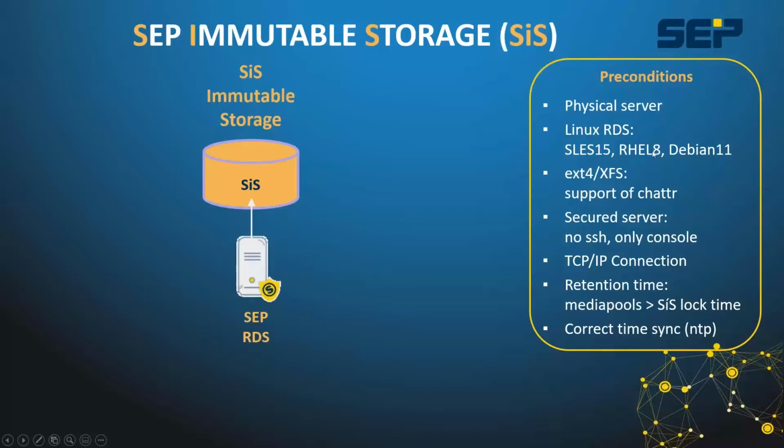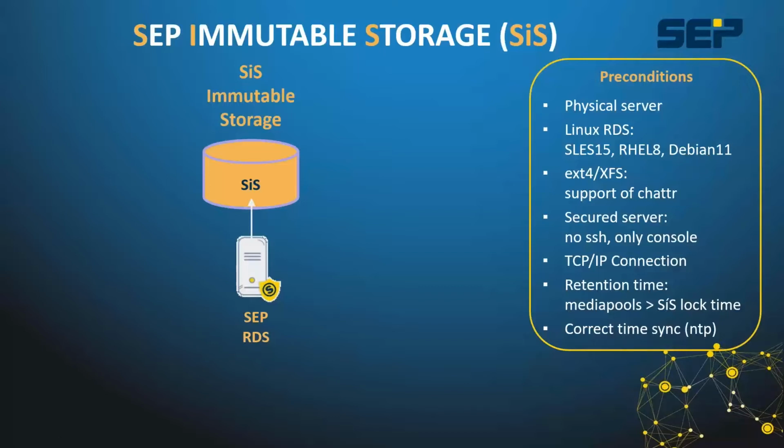You need one of these three operating systems: SLES 15, RHEL 8, or Debian 11. You need a file system, ext4 or XFS. Definitely a file system which supports the chattr command, which is the command to make use of the extended file attributes of these file systems. This is what is used in the background.